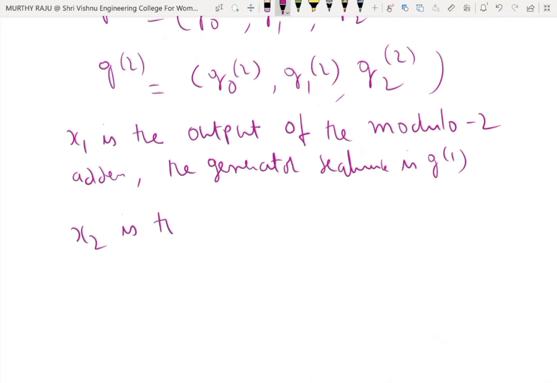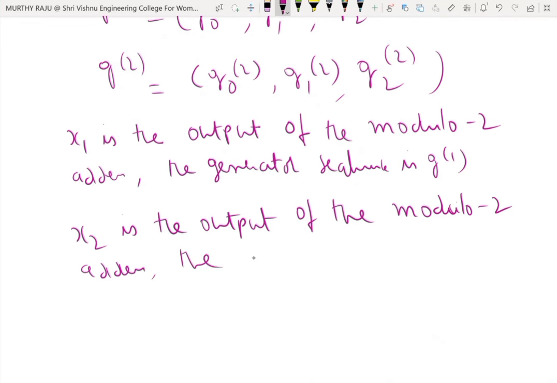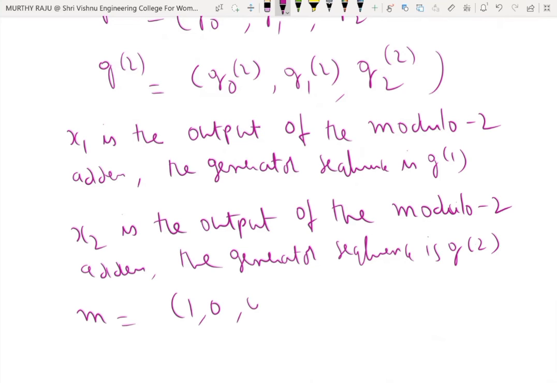X2 is the output of the second modulo 2 adder. The generator sequence is G of 2. In both the cases, the input message vector is 1, 0, 0, and so on. This is an impulse function. Now find out G of 1 and G of 2.